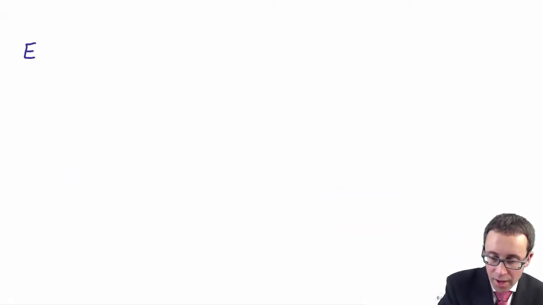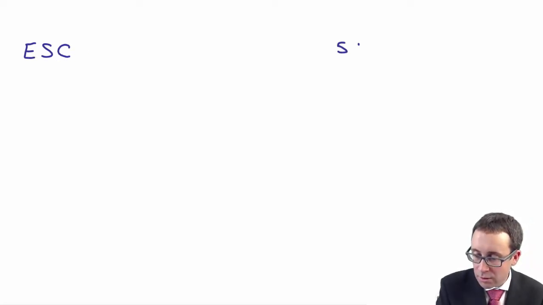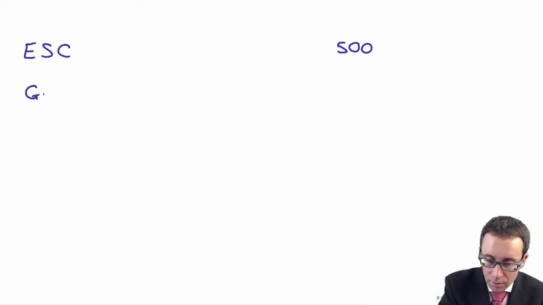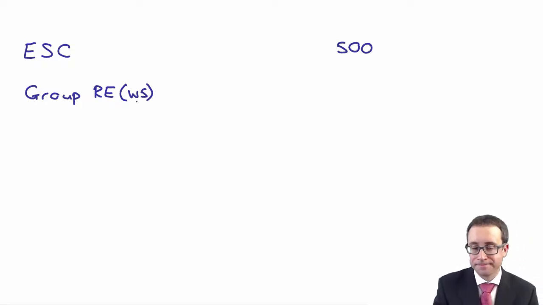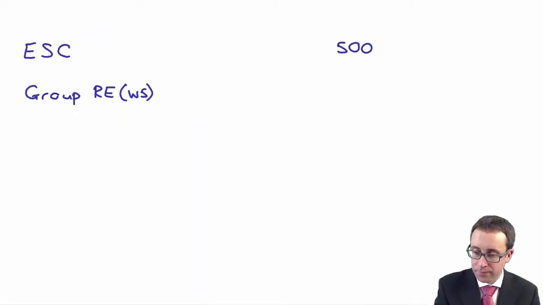Here's hoping. So what you've got there is you have your equity share capital of the parent. So remember, we're reporting to the parent, so it's 100% of P only. That's 500. We then have your group retained earnings from working 5. It's there as 1040.